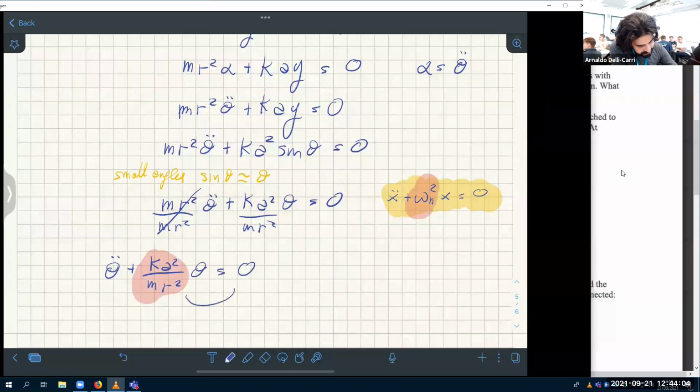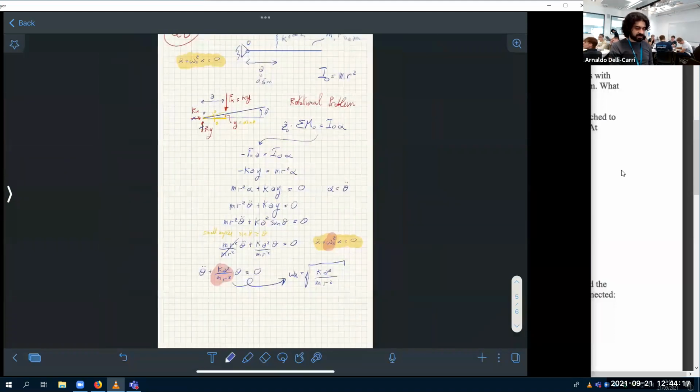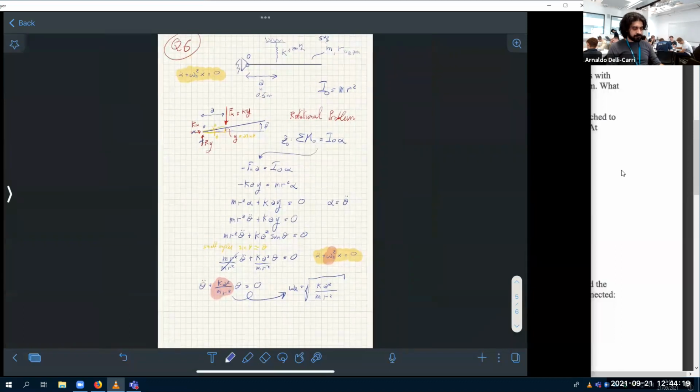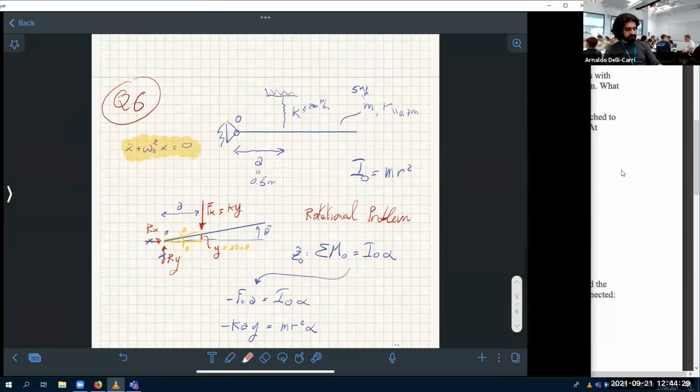So we can say that omega n is the square root of k over m, well, k a squared over m r squared, where k is the stiffness of the spring, m is the mass of the bar, r is the radius of gyration of the bar, and a is the distance from the pivot point to the spring.